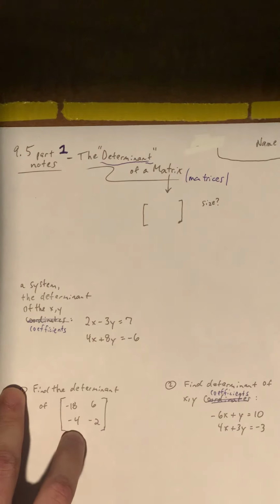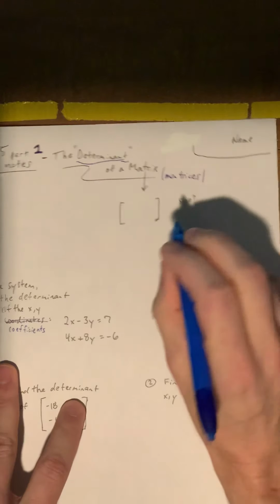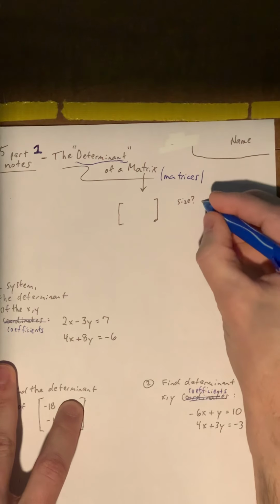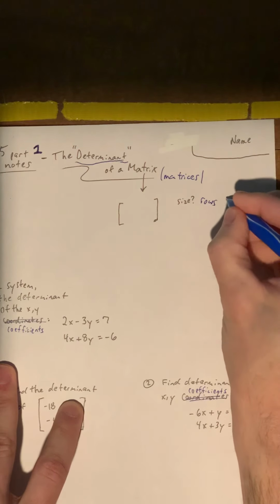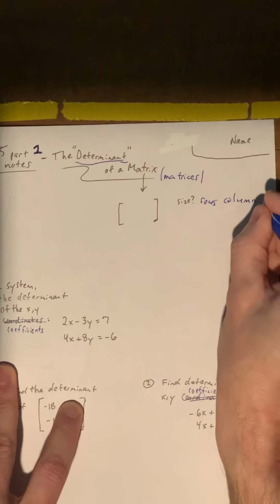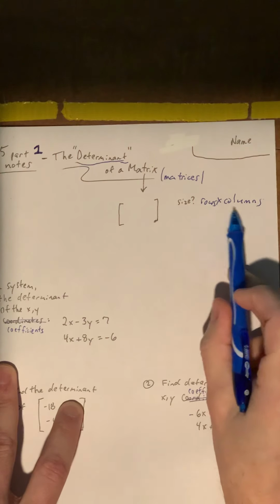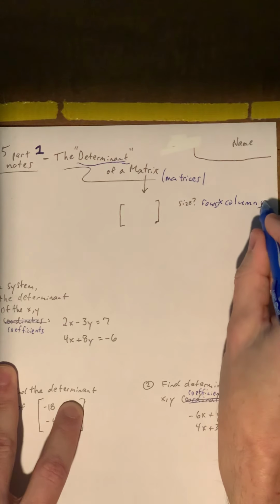Okay. Now, every matrix has a size. And the size of a matrix depends on the rows and the columns. It's the number of rows by the number of columns.